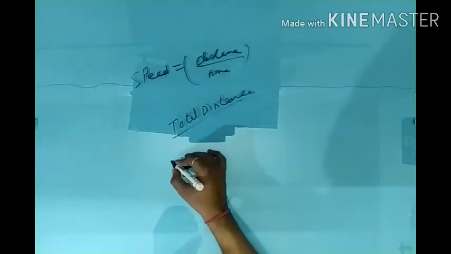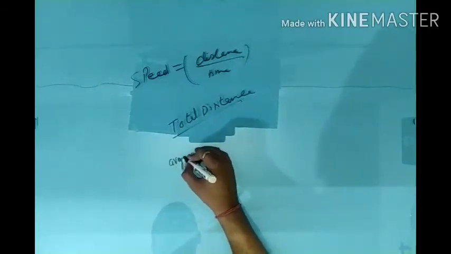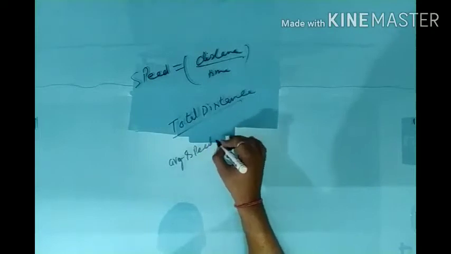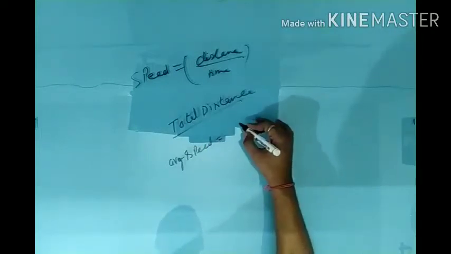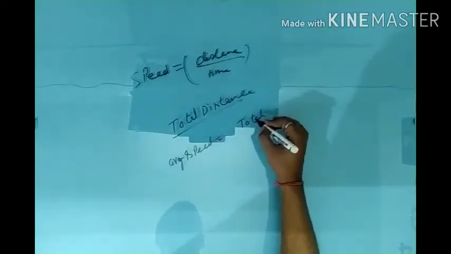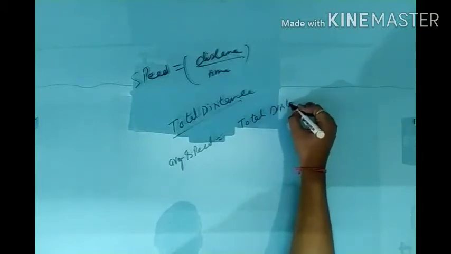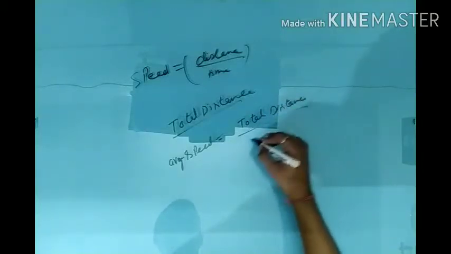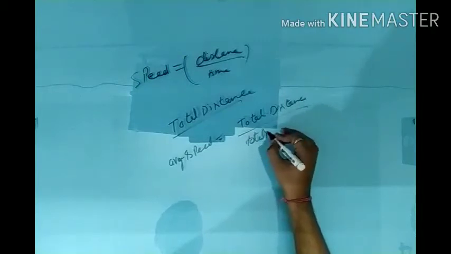Now if we talk about the average speed, in case of average speed, we can say that it is total distance over total time.